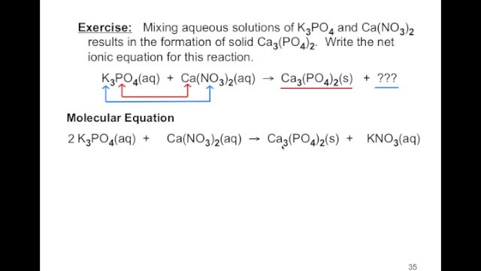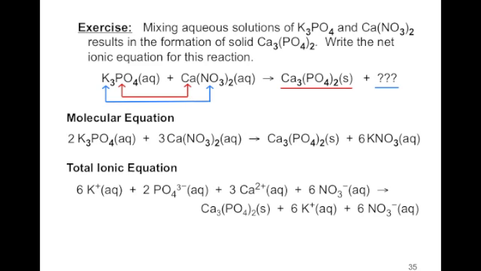So we have 3 calcium ions, so we need 3 on this side, so we bring in a 3 here. Now let's balance with respect to calcium and phosphate. Now we just need to look at the potassium and the nitrates. Well, the potassium, we have 2 times 3 is 6 potassium ions. We have 3 times 2, which is 6 nitrate ions, so we need a 6 there. So now it's balanced.